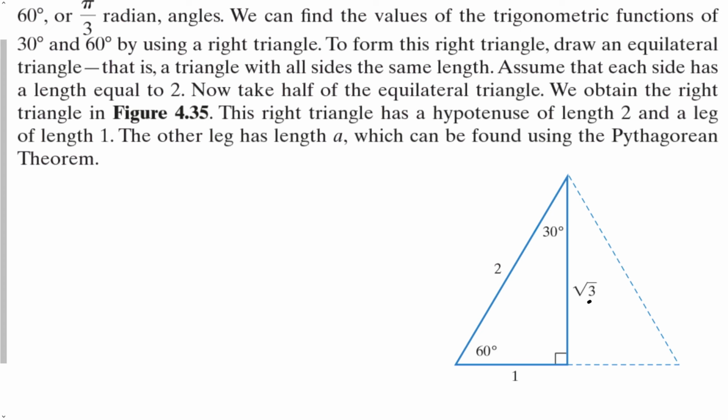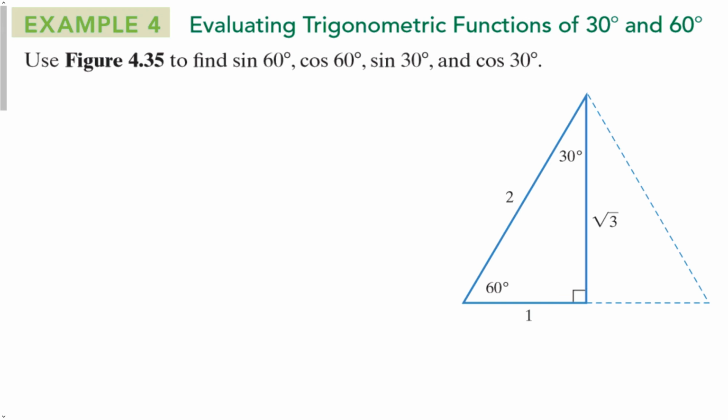Okay? So that means that the sine of 60 degrees, the cosine of 60 degrees, the sine of 30 degrees, and the cosine of 30 degrees are all on this triangle right here. So be careful at which angle you are looking at.